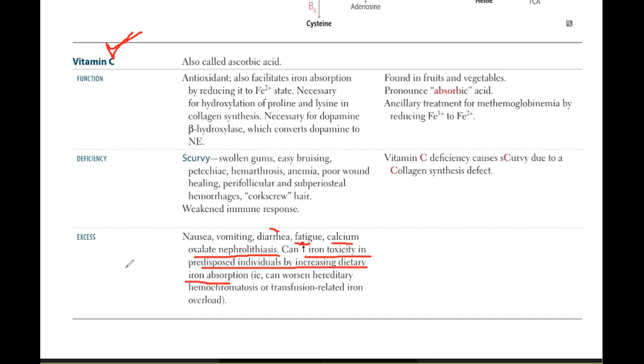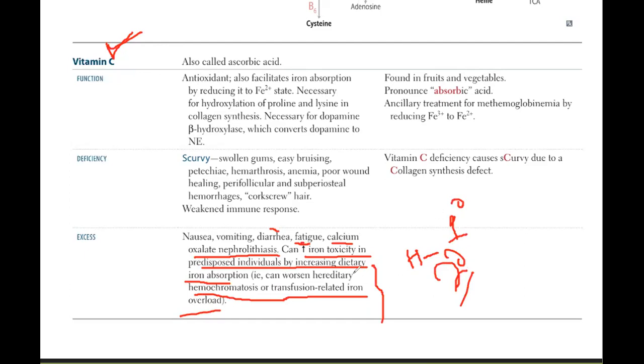So again, they're only talking about the excess. It can worsen hereditary hemochromatosis or transfusion related iron overload. So there are 2 types of hemochromatosis. One is hereditary, which we call primary, and the other one is secondary, which you acquire because of environmental changes.